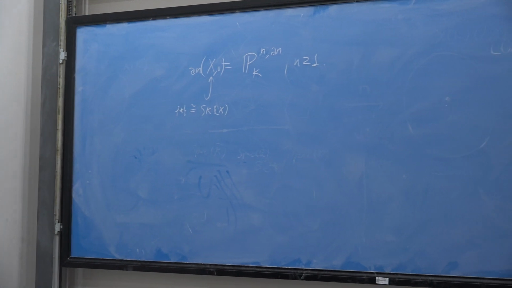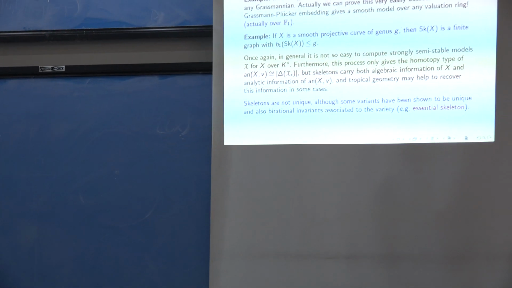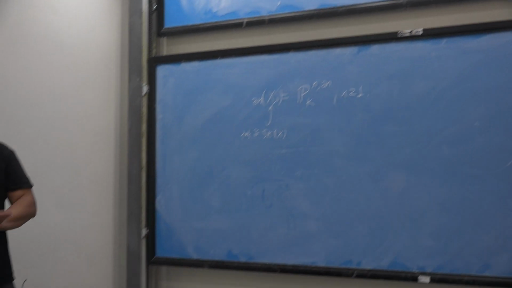And this is what is sad about the field. I was in Brazil in the Satellite Congress of Tropical Geometry and Non-Archimedean Geometry, and I was asking frantically what was the skeleton of the Grassmannian to the experts, to the leading experts of the field, and nobody knew.